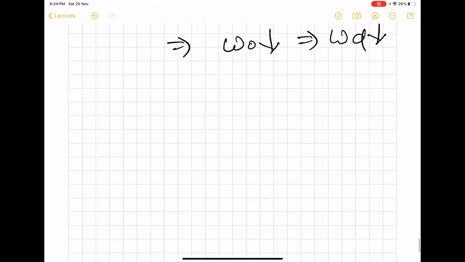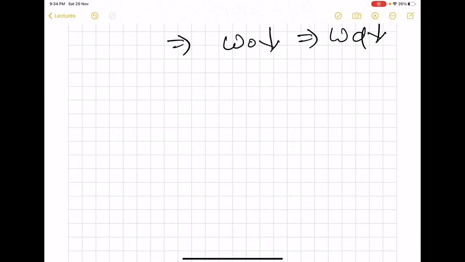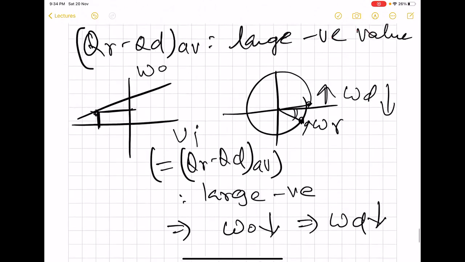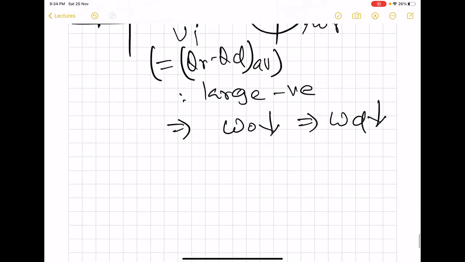So this is how this will be able to help minimize the frequency gap and finally the phase gap also. And once these two frequencies become equal, we have already seen that if there is any phase error, that will also be reduced.